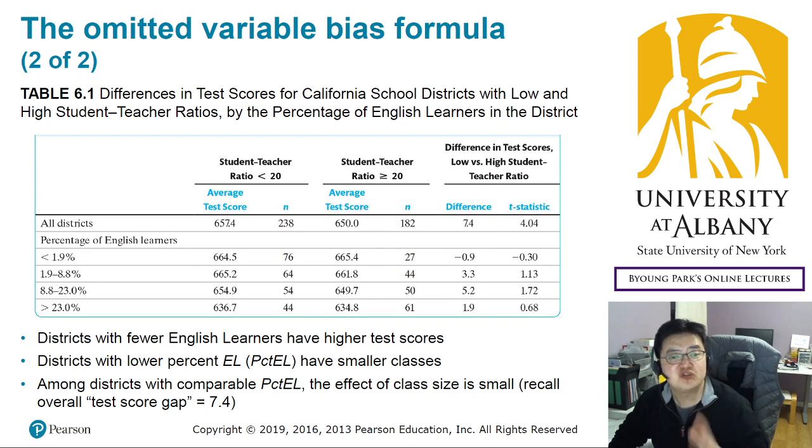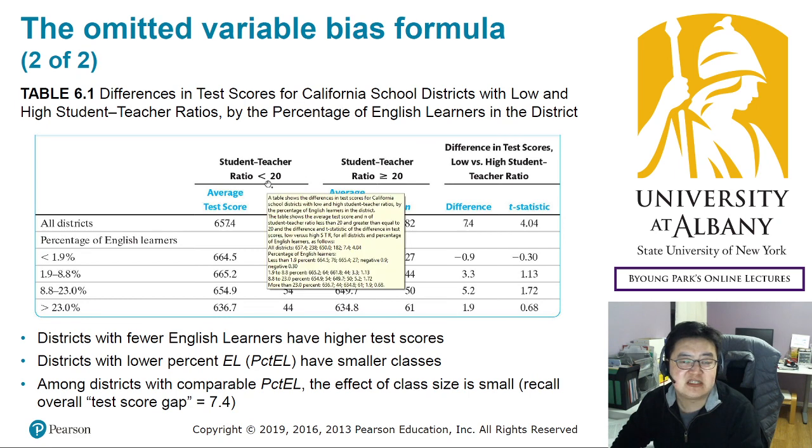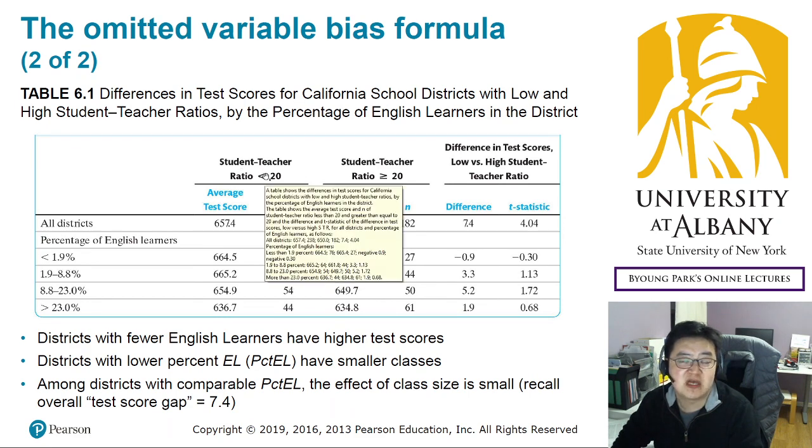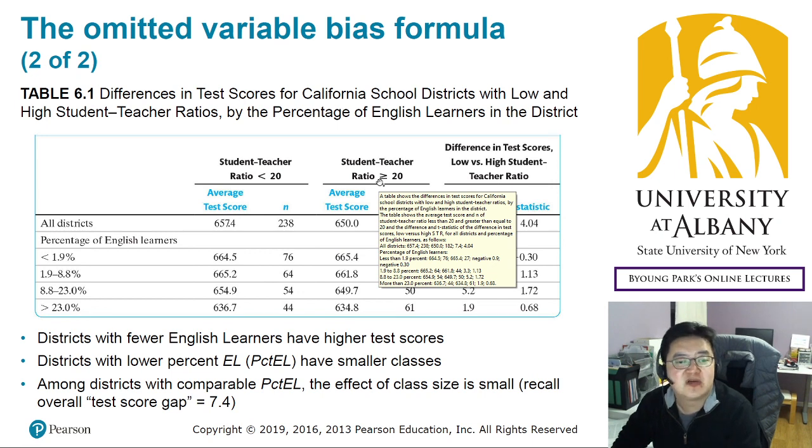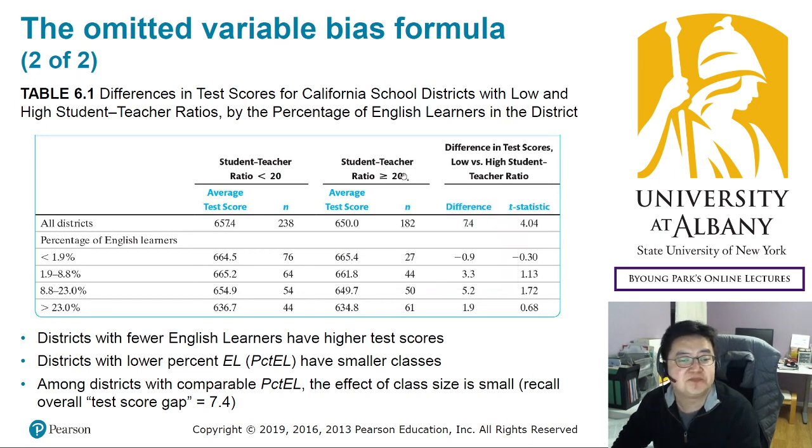First, to simplify the presentation, we are going to divide the data into small class and large class. Small class is defined as student to teacher ratio less than 20, and large class is greater than or equal to 20.